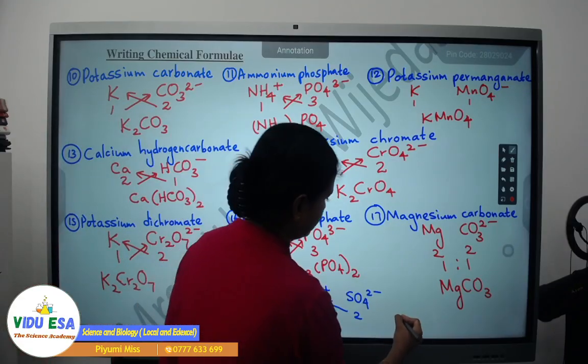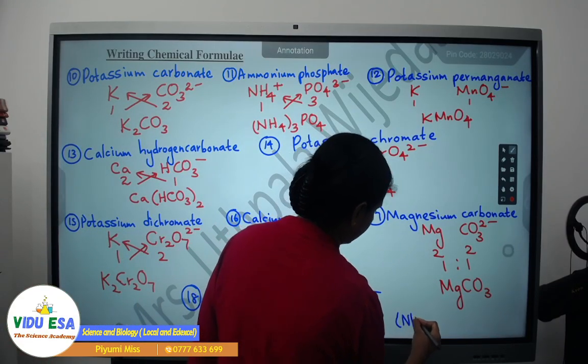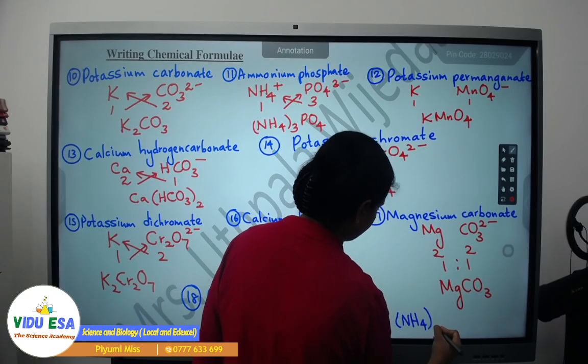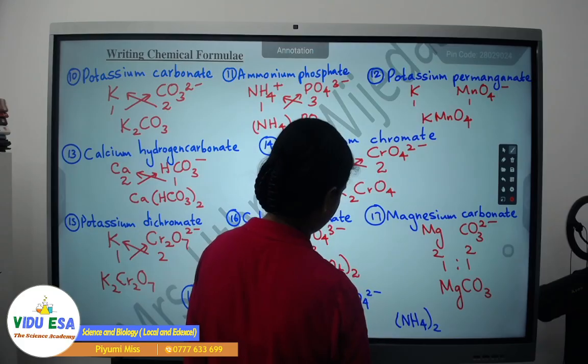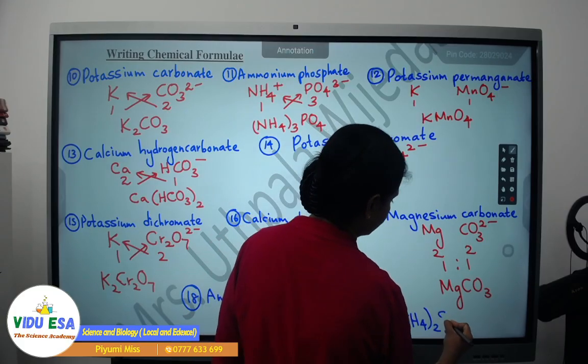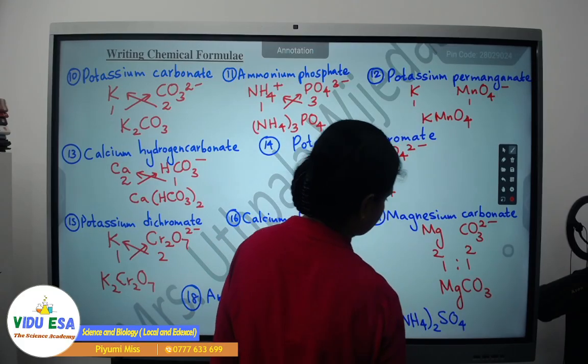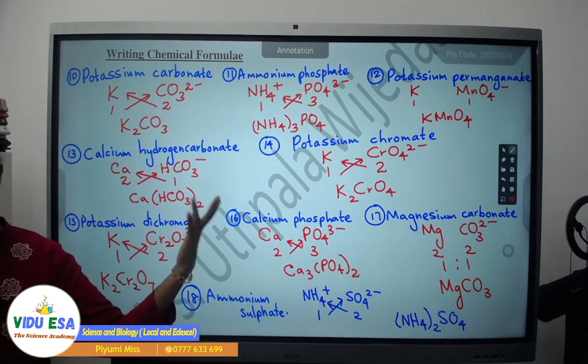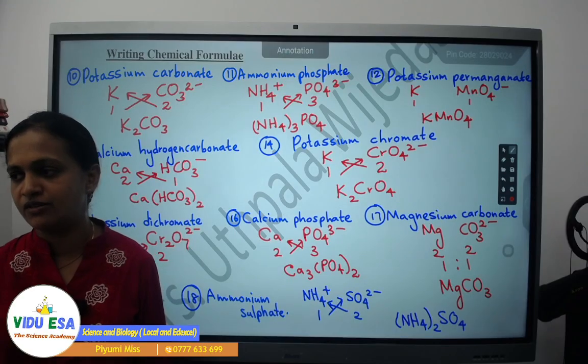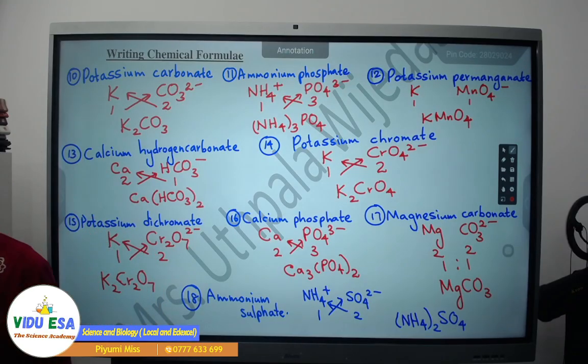Within brackets you put ammonium, NH4, outside the bracket 2: (NH4) twice SO4. The positive ion is always written first. So we have written all 18.